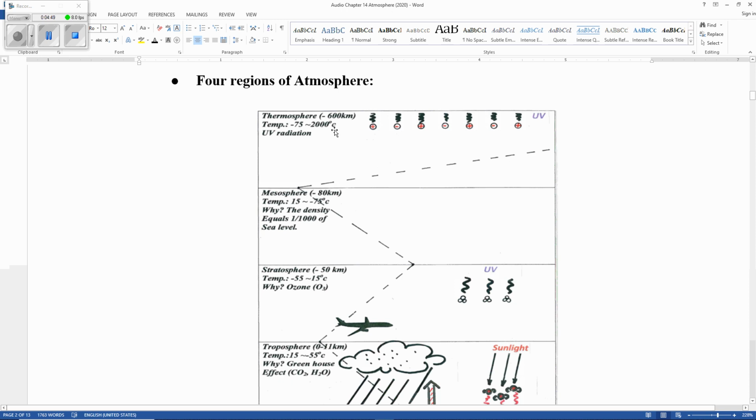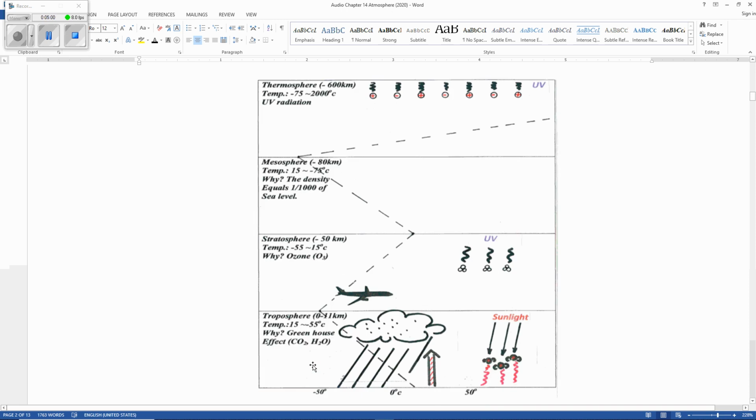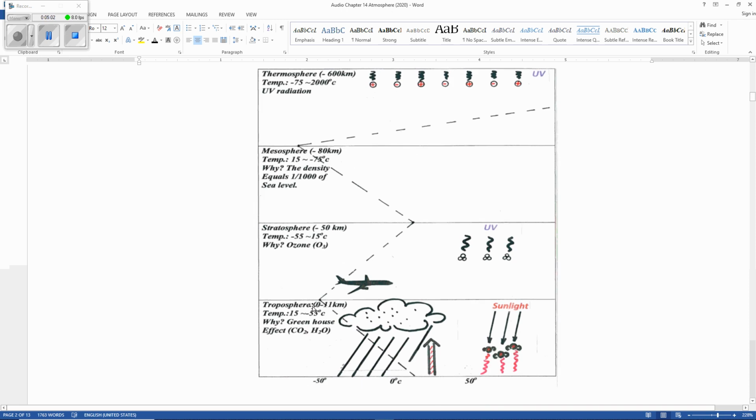Be careful about the height. The first one is only from 0 to 11 kilometers, and the second one is from 11 to 50. So this is about 10 kilometers, and that is 40. Then from 50 to 80, that's 30. It looks like the same size because we had to make them about the same size in the drawing.